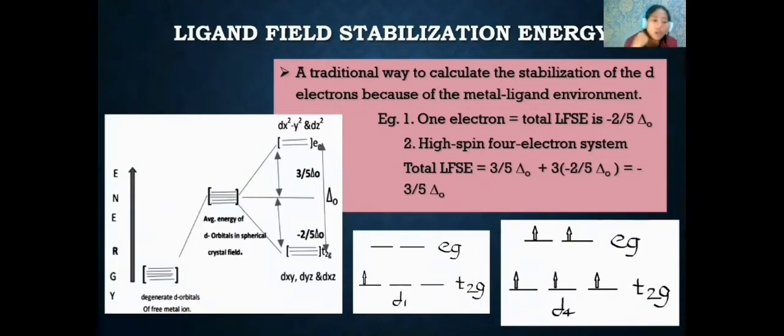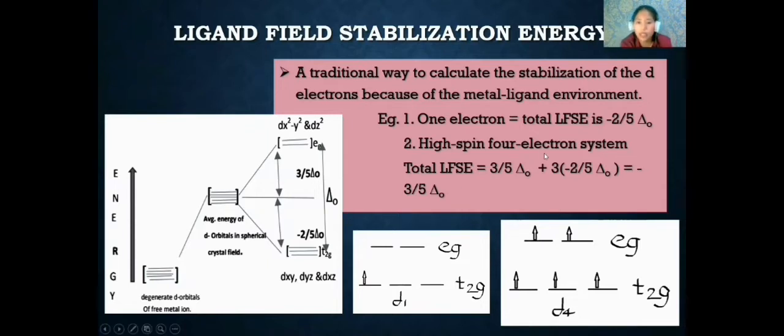All right, so as you can see, in other books, the delta difference for the eg is referred to as 3/5 of delta O. Sometimes in other books, it is 0.6. And then we have negative 2/5 of delta O for the t2g. Some other books refer to it as 0.4.